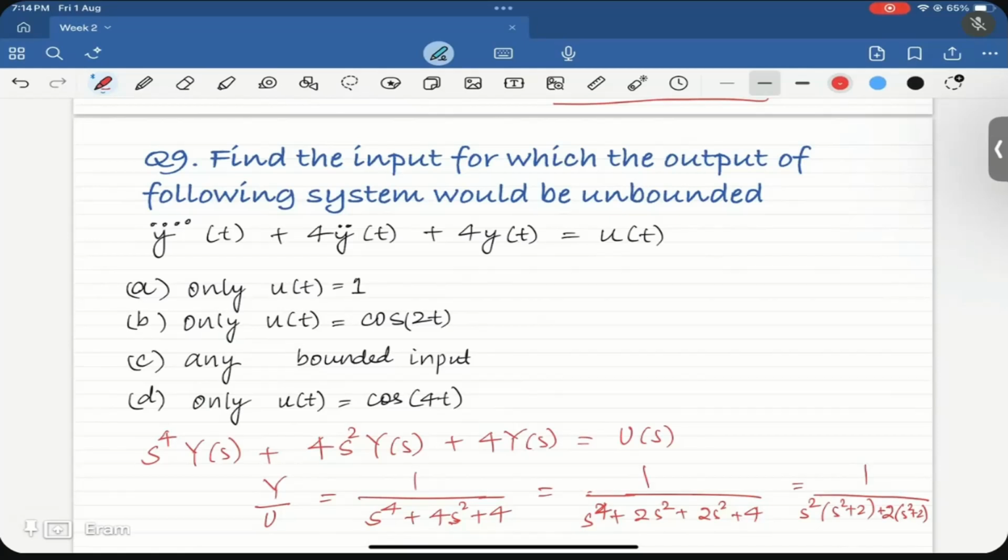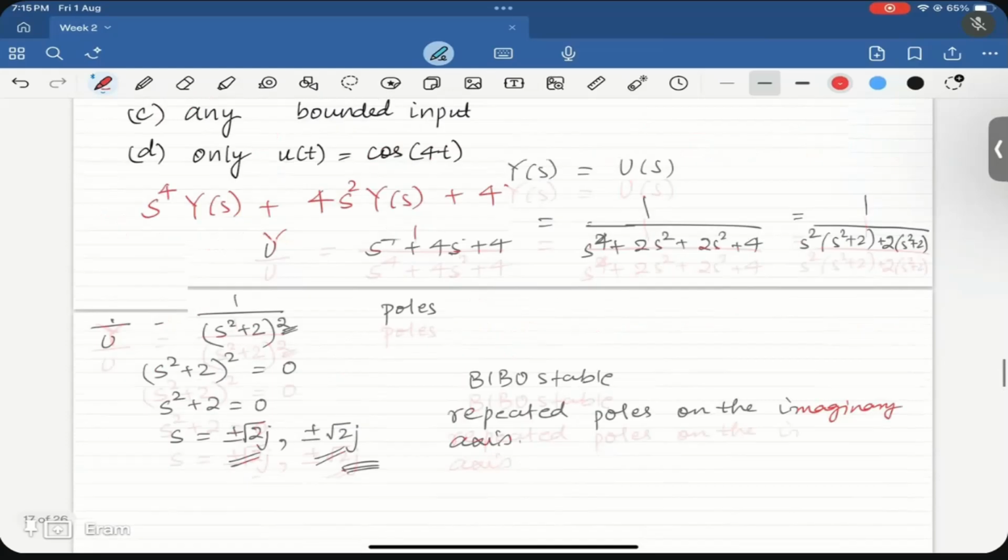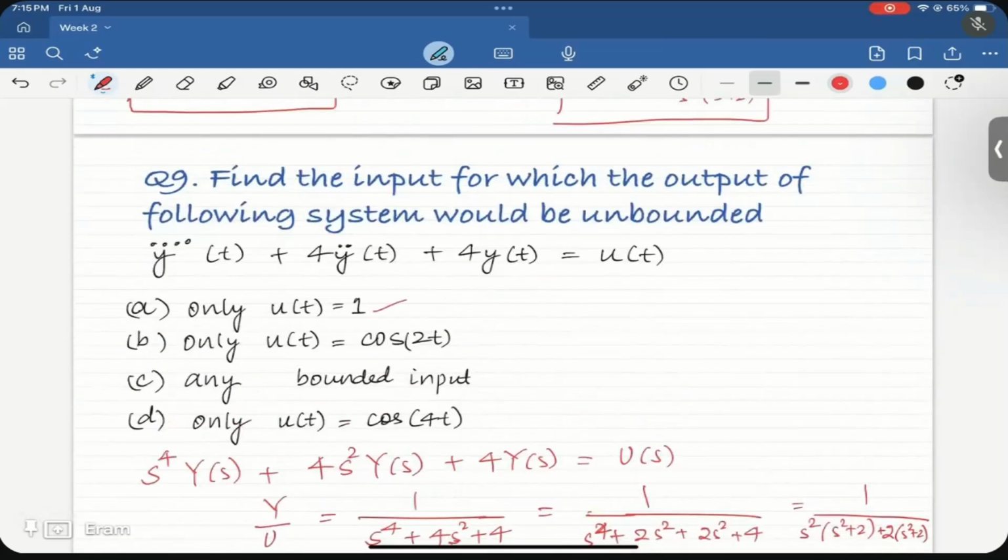C. Option A says u(t) equals 1. So yes, a step input will also make this system unbounded, because whatever the input, the response will always be unbounded since we have repeated poles on the imaginary axis of the transfer function. If we give a step input, or cos 2t, or cos 4t, any bounded input will make the system unbounded. So option C is correct.